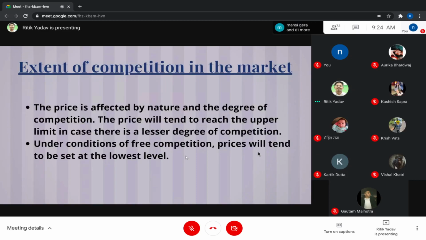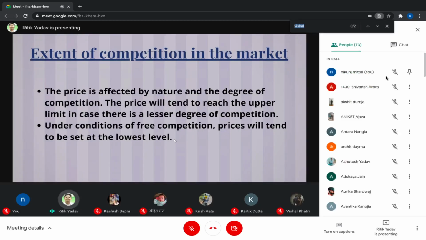Competitors' pricing, quality, features, and their anticipated reaction must be considered before fixing the price of that product.